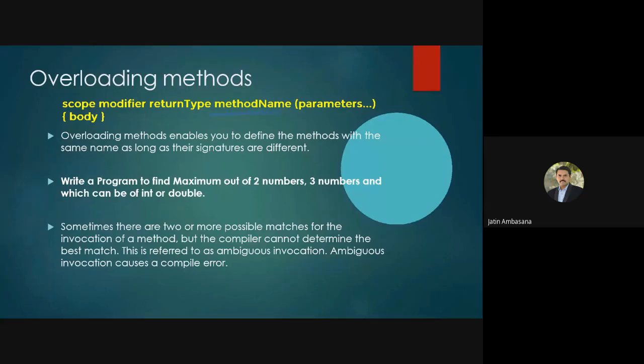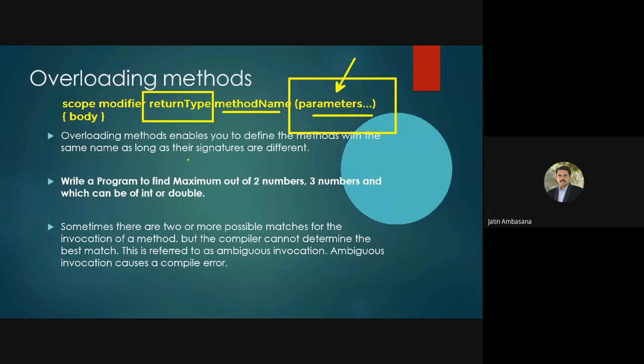That is, the same method name can be used for another method also, until and unless you have a different signature. So what difference shall you have in the signature? Please make sure the difference in the signature is with respect to the parameters. This is very, very important. If you have the same parameters, same method name, but a different return type, then that is not a valid overloading.